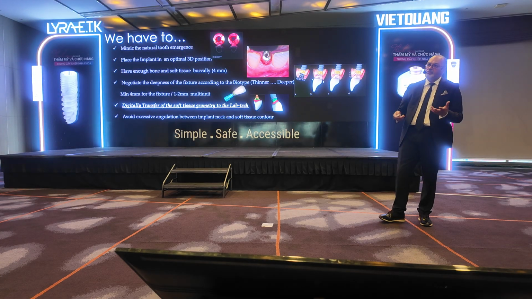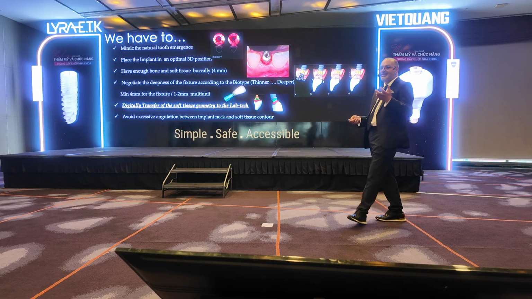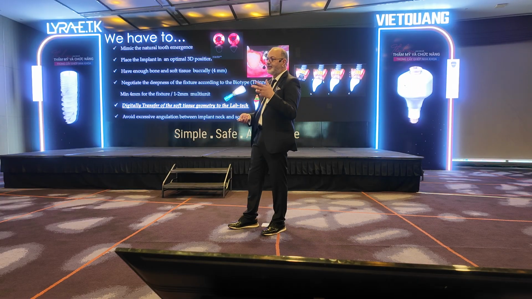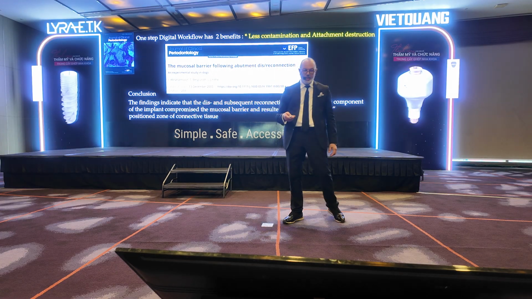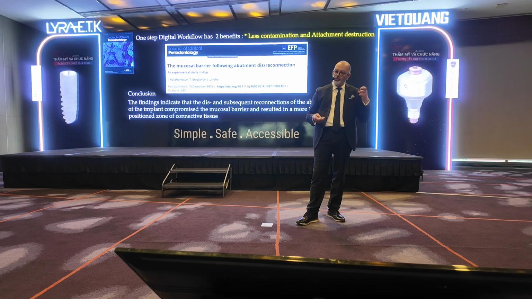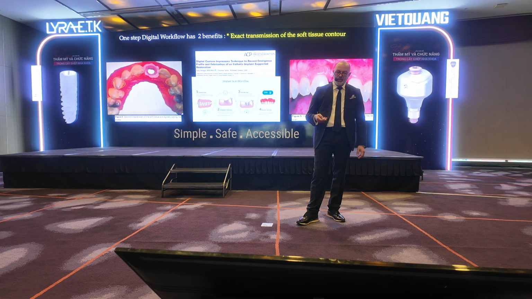So now one of the most important things is that this abutment will play the role of scan body. We do not remove it. This is something published many times, to see that the way we remove and we replace the abutment is really a source of problems.